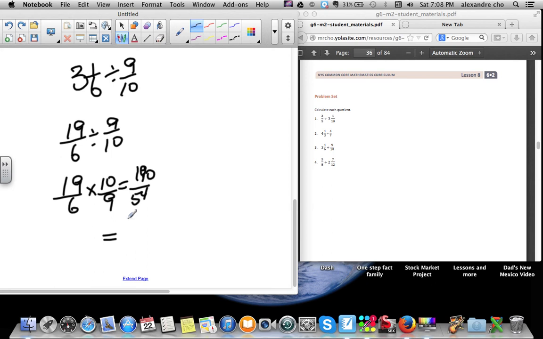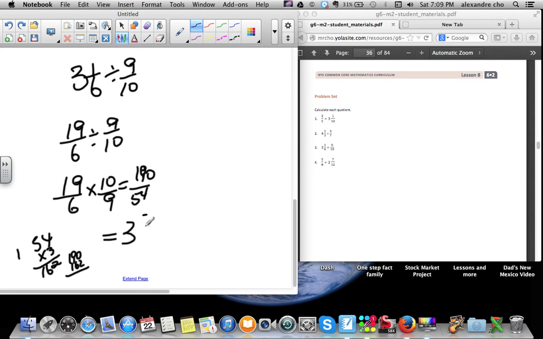54 goes into 190 3 times for sure. 54 times 3 is 162. 190 minus 162 is 28.